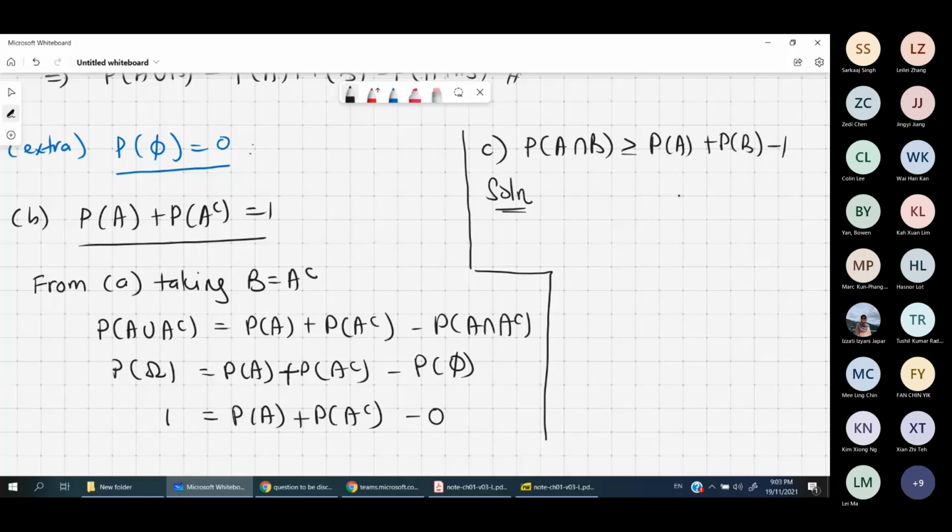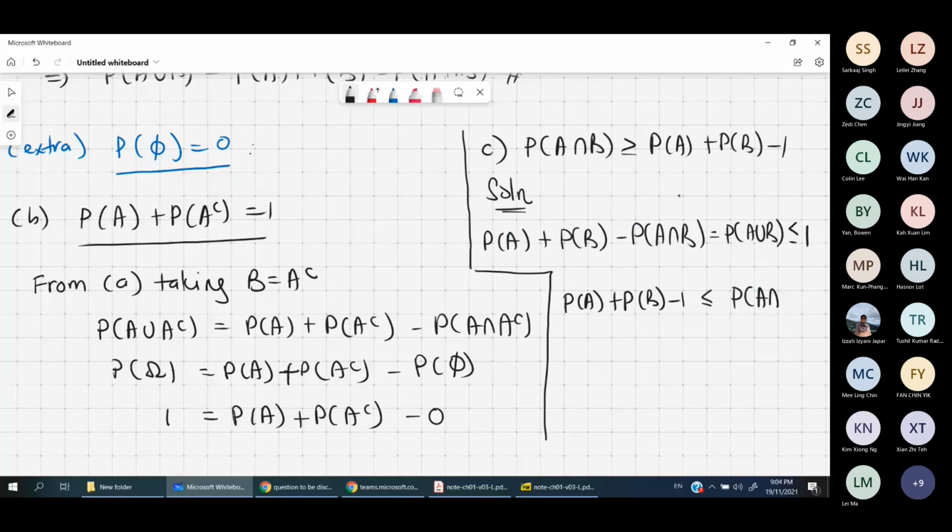We know P(A) plus P(B) minus P(A and B) is equal to P(A or B), and this is always less than or equal to 1. So I think from here that is straightforward, right? Then we can see P(A) plus P(B) minus 1 is always less than or equal to P(A and B).